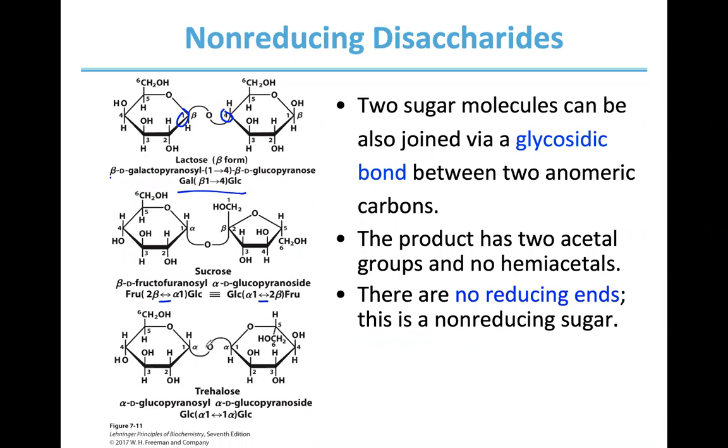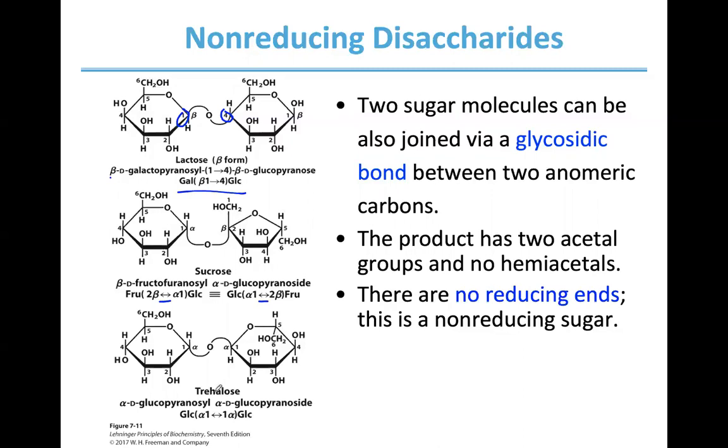And this is another example of a non-reducing sugar. This is two glucose residues, or 2 glucose monomers, coupled, right? Both of these are going to be alpha. You can see this one is down, away from CH2OH. This one is up, away from CH2OH.